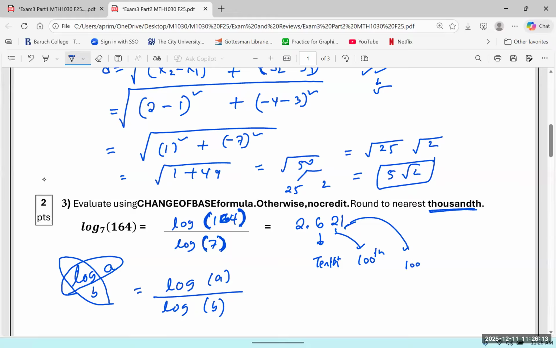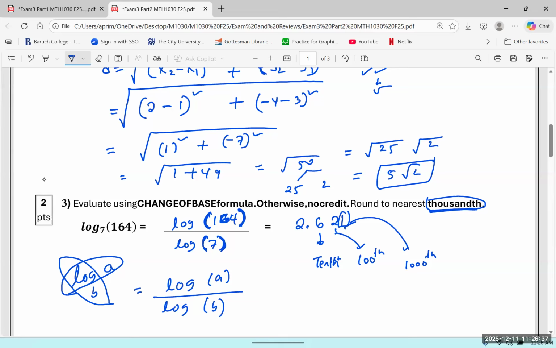Then you have thousandths. So before the decimal, you get ones, tens, hundreds. But after the decimal, there is no ones place. The decimal is the one, and it starts with tenths, hundredths. Round to the thousandths means the third place here. So you have to have 3 places after the decimal.